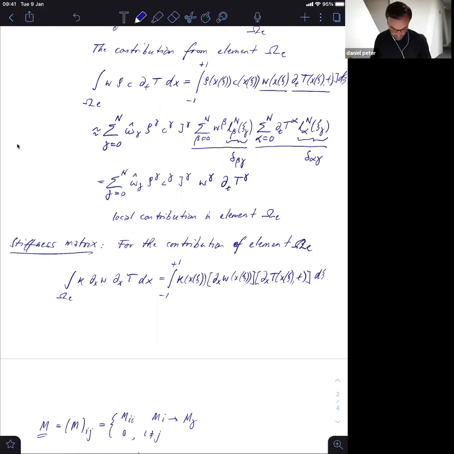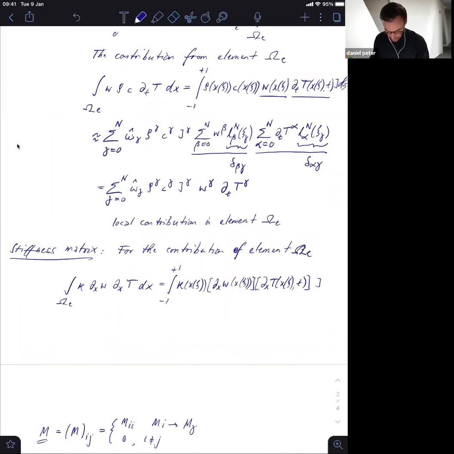And now times J, sorry, forgot that one, because we need the mapping. So the Jacobian times now the integration variable dxi.